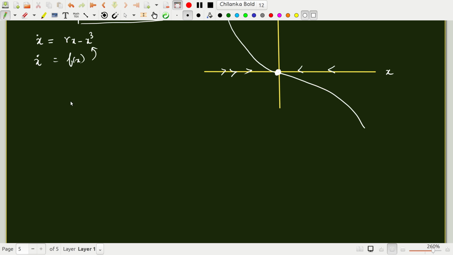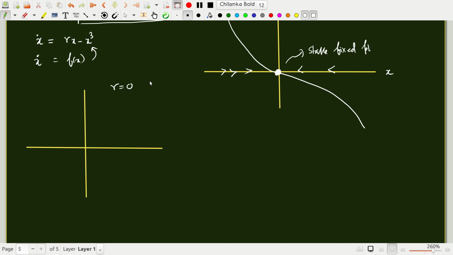Now at the origin, at r equal to 0, when r is 0, the origin becomes just weakly stable. It'll look like this. It's just about weakly stable.